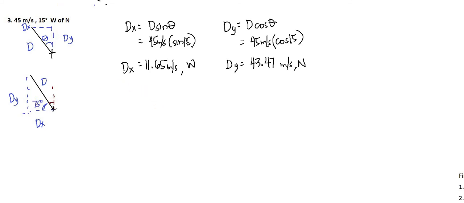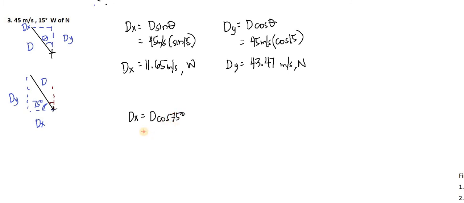Kapag 75 degrees yung ginamit natin, mapapansin nyo na si D sub X adjacent na. So, pwede na natin gamitin yung cosine. Okay? So, we can have here the D sub X is equal to your D cosine of 75 degrees.